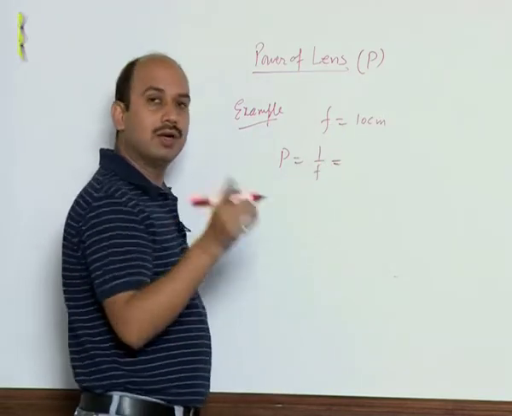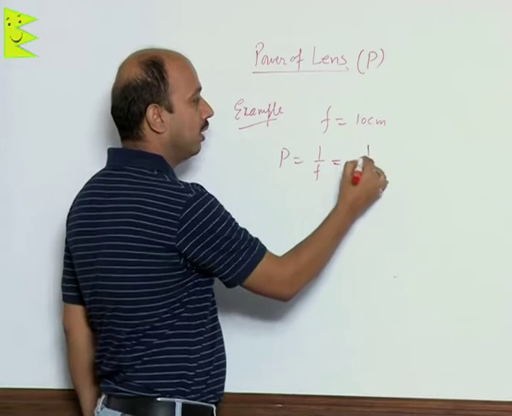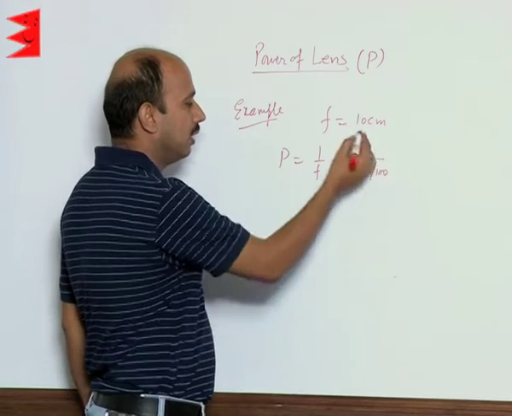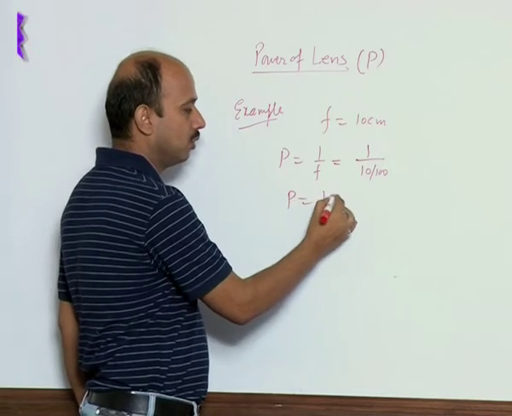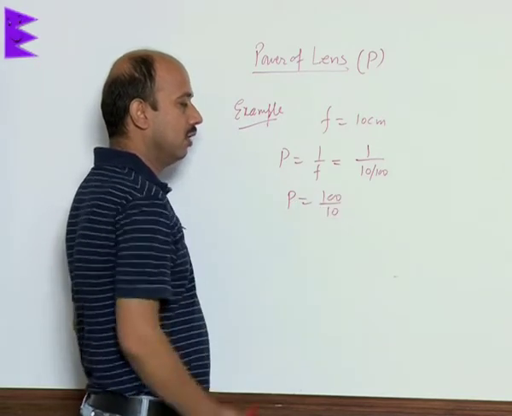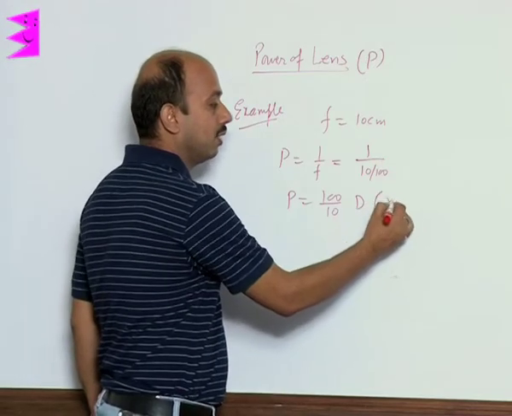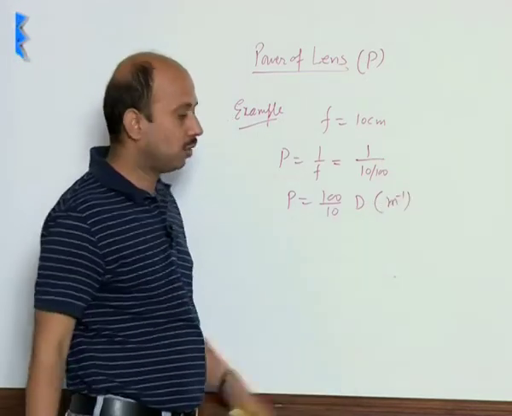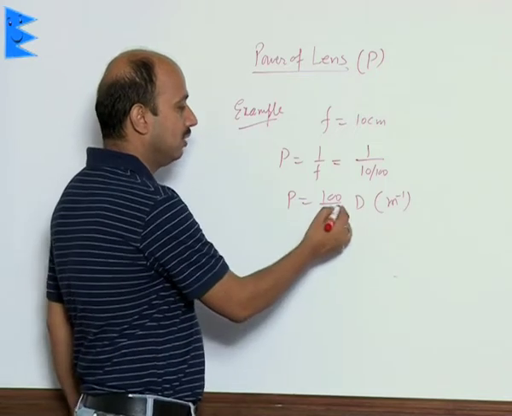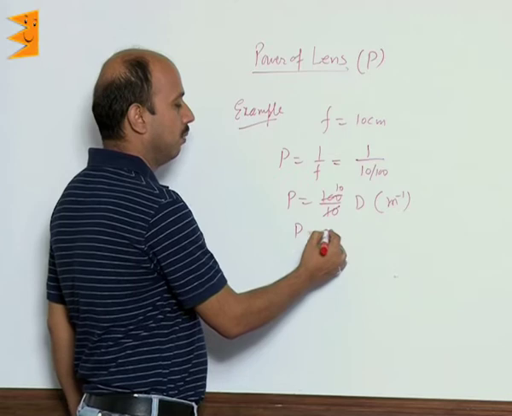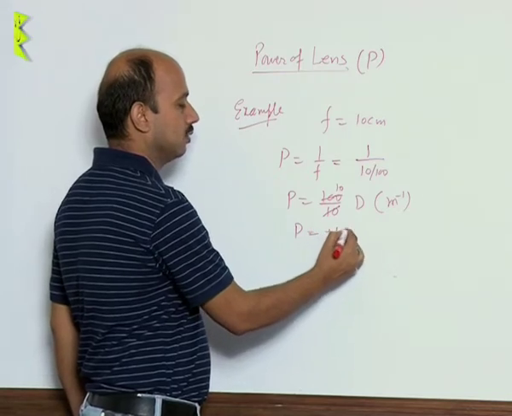So, we have to convert into meters. So, we can write 1 upon 10 divided by 100, that is P is equal to 100 by 10. It is in diopter, or also you can write m raised to power minus 1, inverse of meter. So, power is equal to plus 10 diopter.